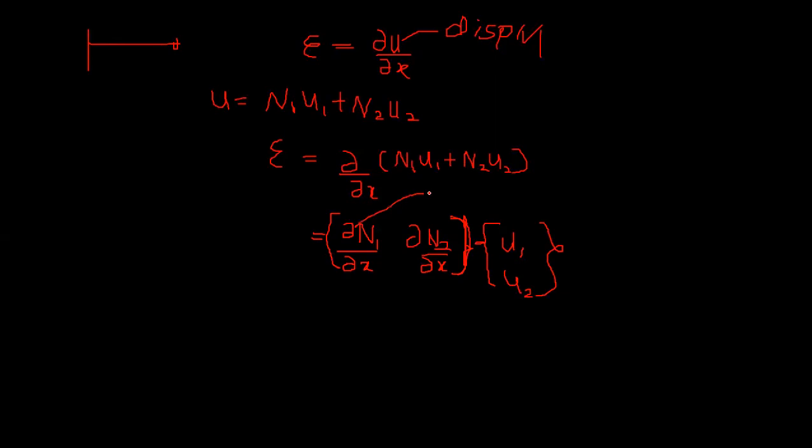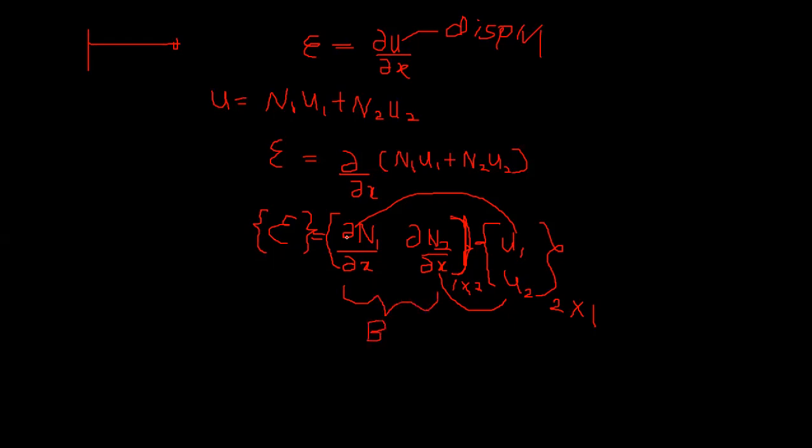So when you multiply it, this will be multiplied by this, right? So this is a 1 by 2 matrix. This is a 2 by 1 matrix, right? And this is epsilon naught, right? So this we can call B.